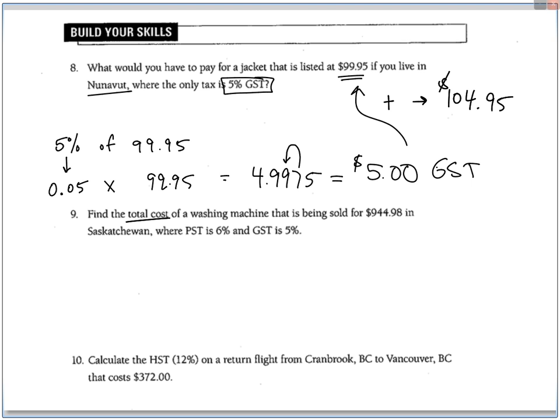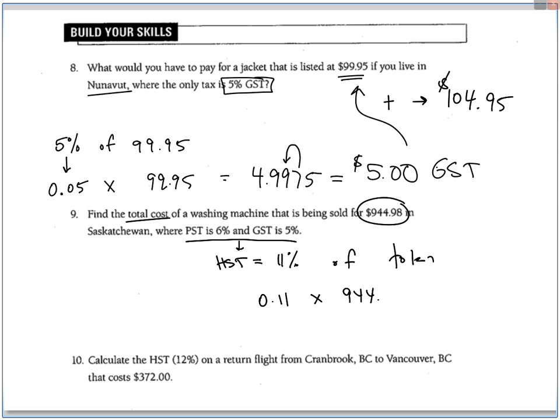Alright, total cost for this, where there's PST and GST. So put those together for the HST, the harmonized, 6 and 5 added together, you get 11. So you need 11% of the total. So 0.11 times 944.98. We got 103.95 after rounding.